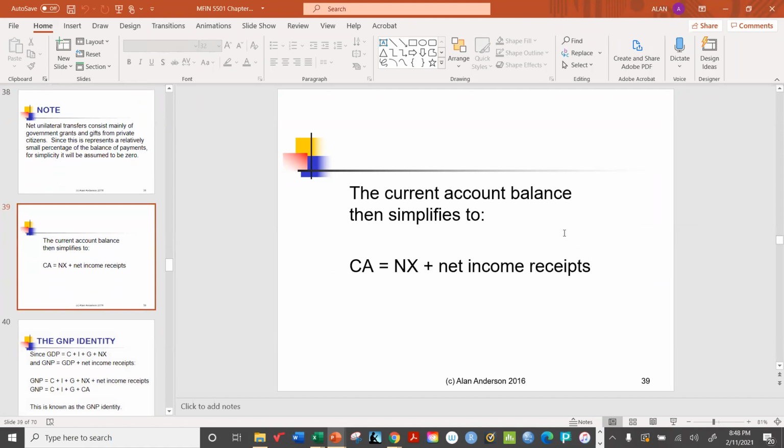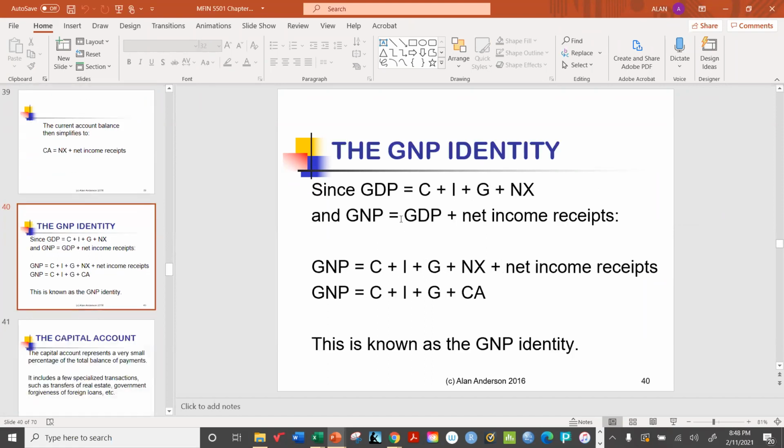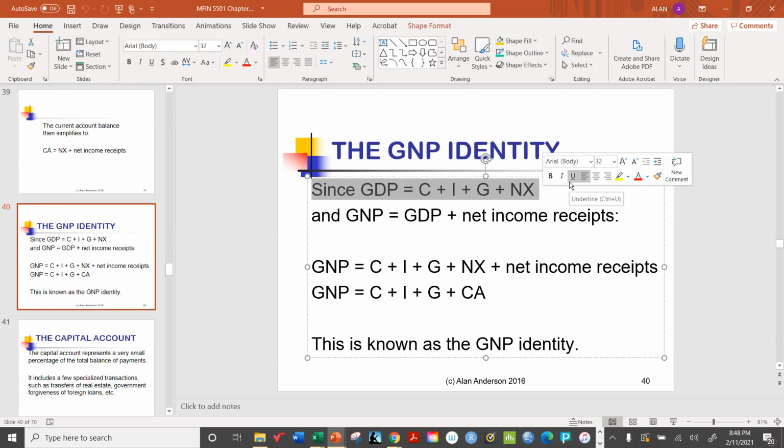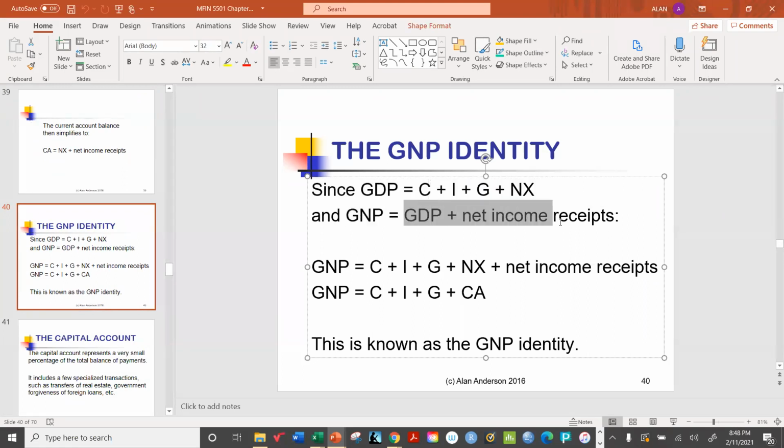There it is. You'll see why. Now, the reason why they're doing this is so that they can create what they call the GNP identity, where again, we have GDP equals these 4 terms. And then, as you know, GNP is defined as GDP plus the net income receipts. So what they do here is they rewrite this as GNP by incorporating the net income receipts.